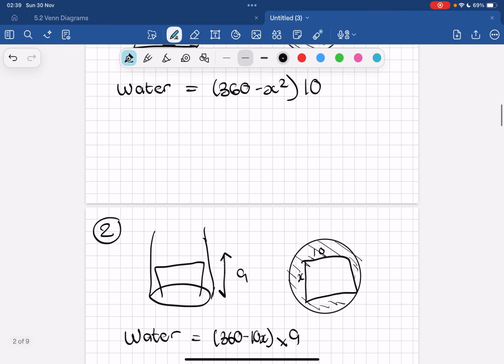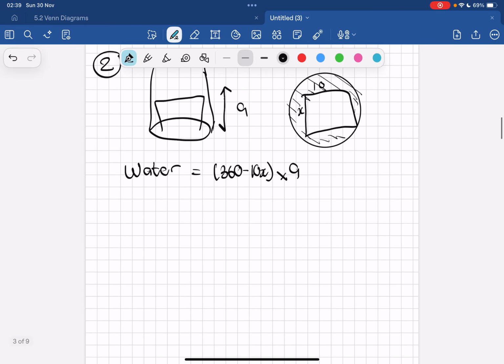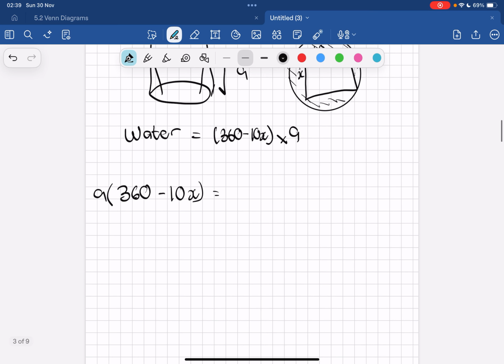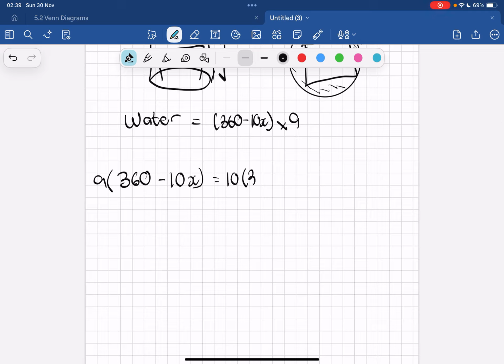Now since we've got two equations for the volume of water, we can just equate them. 360 minus 10x, times 9, equals 10 times 360 minus x squared. We can divide both sides by 10, so we've got 9 times 36 minus 9x equals 360 minus x squared.